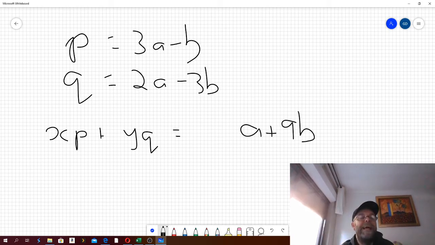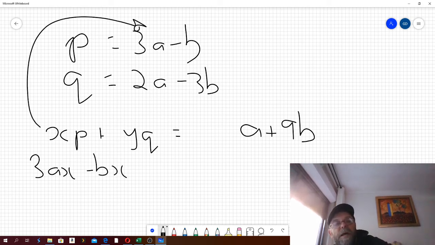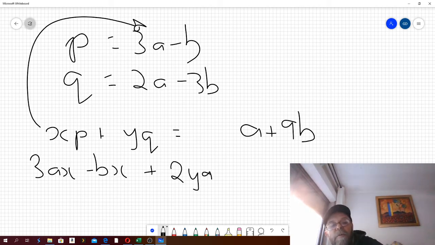All right, well, what would x times the vector P be? Well, that would be 3ax minus bx. I'm just multiplying the x to the vector 3a minus b. And what would the y be? Well, y times the Q would be 2ya, or ay if you want, minus 3yb.